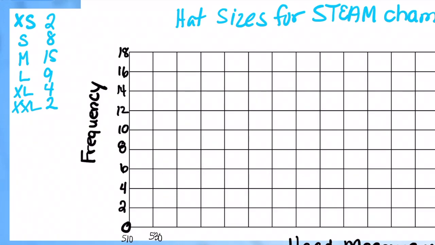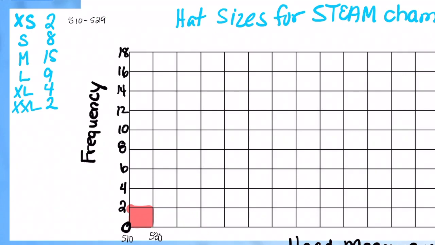And so my first bar, my small size, was from 510 to 529, and those were only 2 students. So I'm going to use my highlighter and make it go up to 2, because only 2 kids had that size.